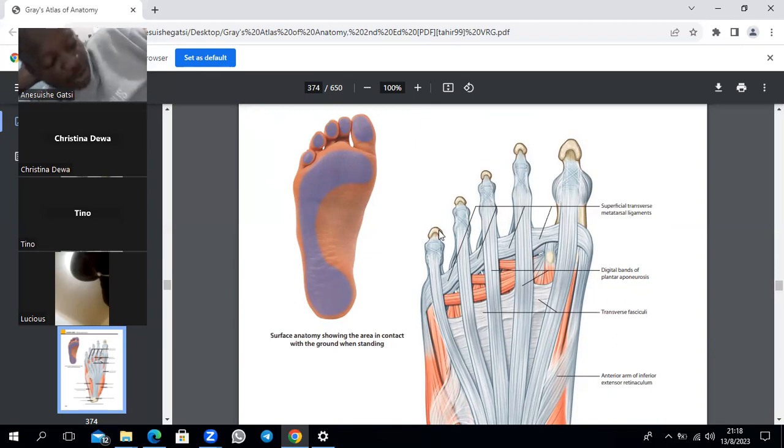Guys, do you think we have a muscle on the dorsum of the foot? Guys, it's a yes/no question. I just want to know if you guys are here.